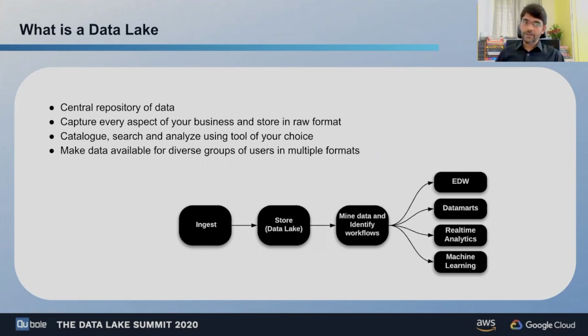So when we have all of this data in one place, properly cataloged, and a search interface is available for the metadata, by which you can find out what data sets are available and how they can be used, and make this data available for diverse groups of users, obviously with the right access controls associated with these data sets.